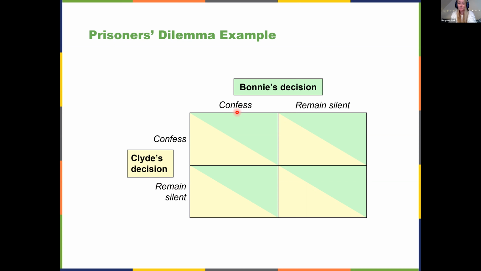Bonnie can also do the same thing. She could either confess and say that Clyde was the one that planned the robbery, or remain silent and not rat Clyde out. So based on these four different decisions, we can summarize all of the different outcomes that will happen to both of these two players.